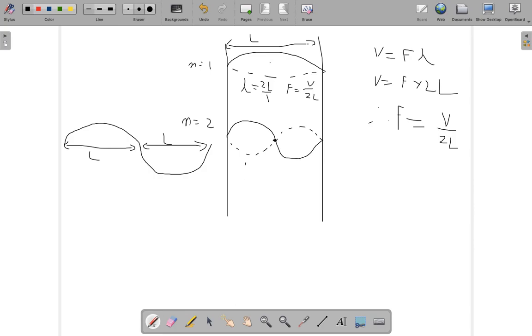Over here, the wavelength is equal to L, or I'll just write it as 2L over 2 for now, so that I can show you a pattern at the end. And the frequency equals V over L, or 2V over 2L.